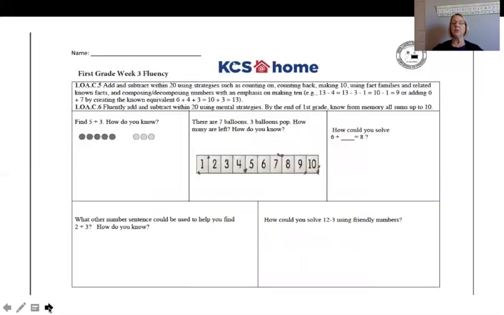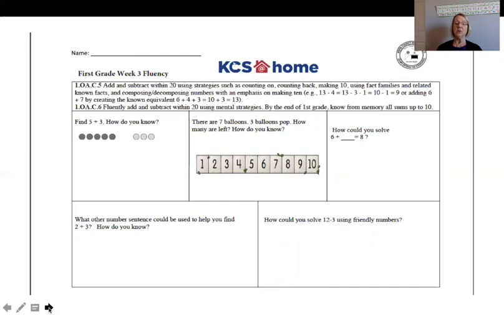All right, boys and girls, you will be getting this fluency sheet in your packet this week for fluency. Okay, and it has questions just like we have been doing. Find 5 plus 3, and how do you know? So use one of the strategies that we talked about. All right, and then the next one is there are 7 balloons and 3 pop. How many are left, and how do you know?